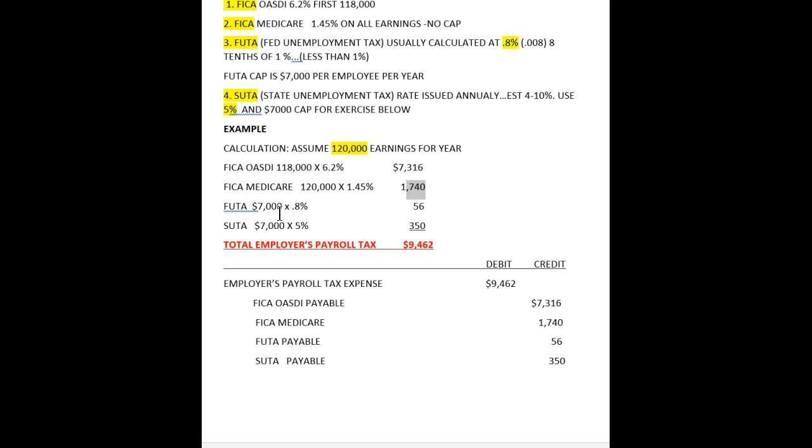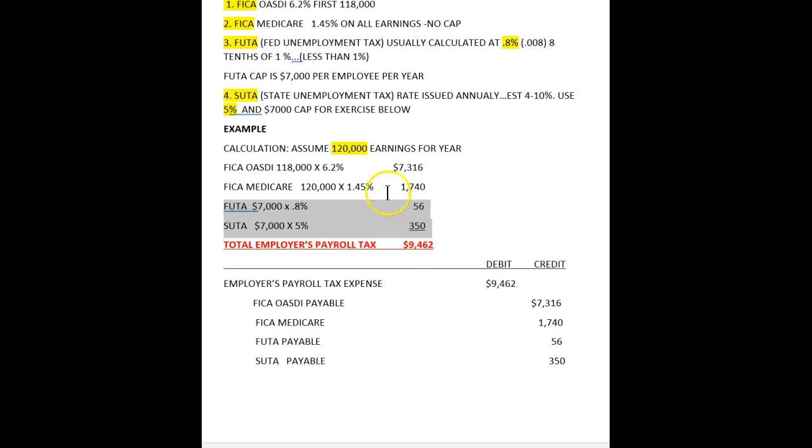Again, the boss is off the hook over those amounts. The employee, again, is not responsible for these two taxes. They don't come up in an employee payroll entry. They are exclusive to the employer payroll tax entry, which you'll see here in your exercises, your textbook, your slides, and the other videos that you have available to you.